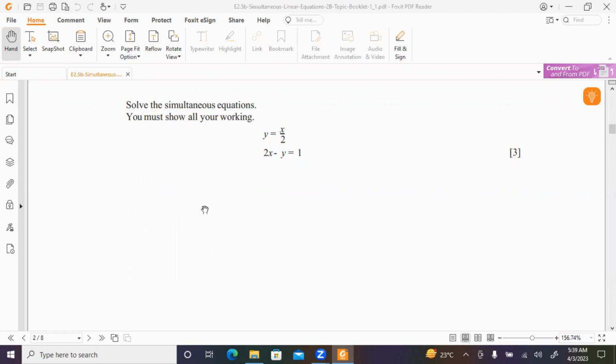Over here, we have y equals x over 2, and in the other one it says 2x minus y equals 1. The methods are still the same since it's asking us to solve it algebraically. So we're going to use substitution or elimination. For this question, I'm going to use substitution.